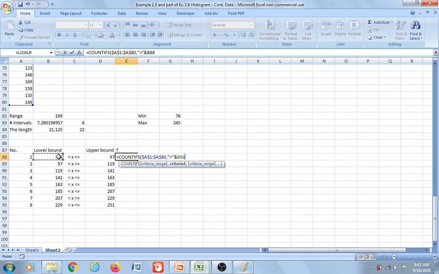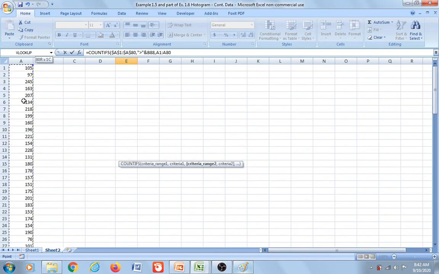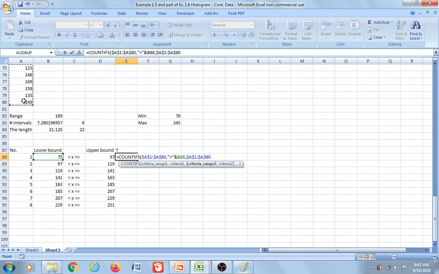Here I mean X bigger than 75, and then comma, it is asking for the range again. I'm gonna put the range over here and lock it by pressing F4 to put the dollar sign.